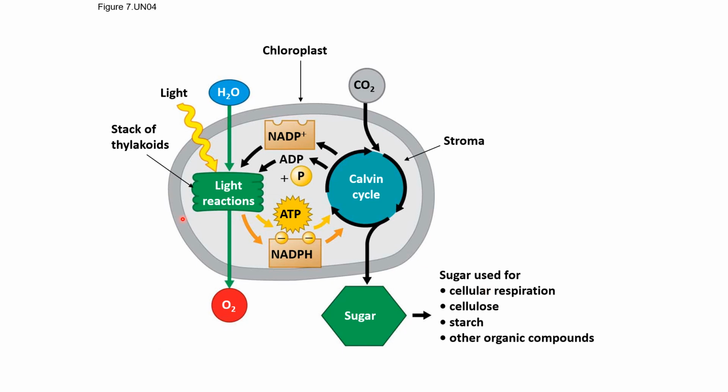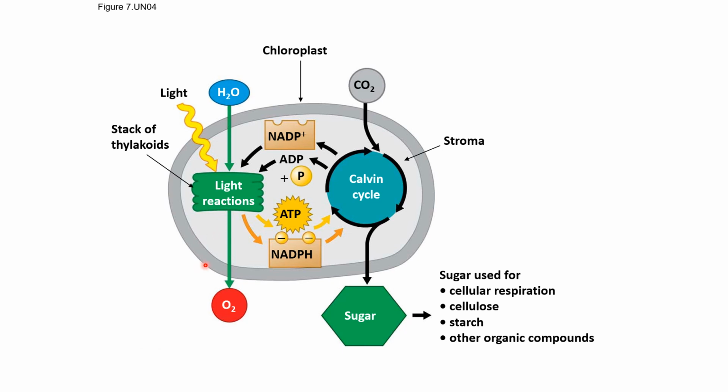One more thing to mention is that after the Calvin cycle uses ATP, it will actually recycle it, and after it recycles it, it goes back to the light reaction. So ATP can actually keep getting recycled.